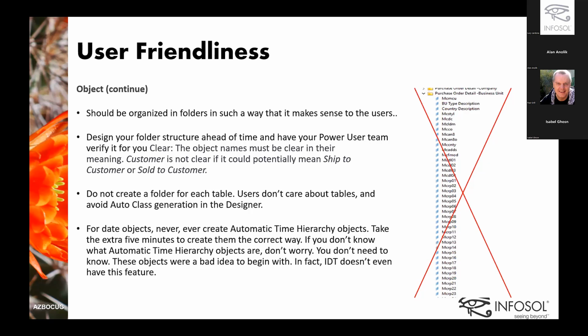So you should avoid using the auto class generation in the designer and just do it manually. And then for date objects, I would never use the automatic time hierarchy objects. Just do that yourself and do it the correct way. And it doesn't matter anyways, because this automatic time hierarchy is not even available in IDT.